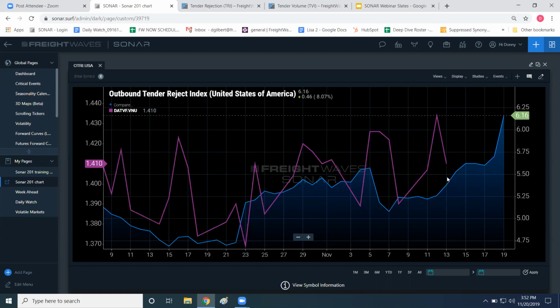Well, by looking at just what's happening with our tender rejection rates, we can see the direction of spot market rates using tender rejection rates alone, which gives us about a 7-day advantage. This advantage right here, of course, you see where tender rejection rates have moved up. In this case, if you're using just a rating tool, you could be underbidding your freight.